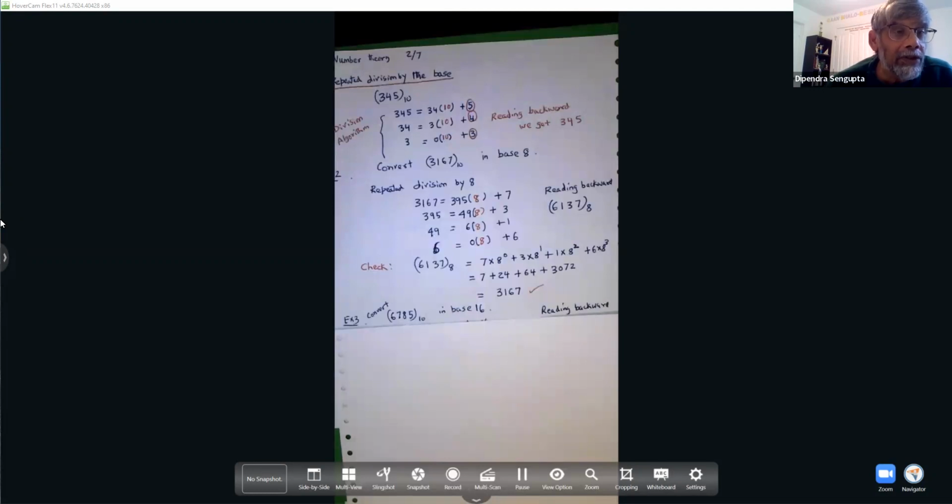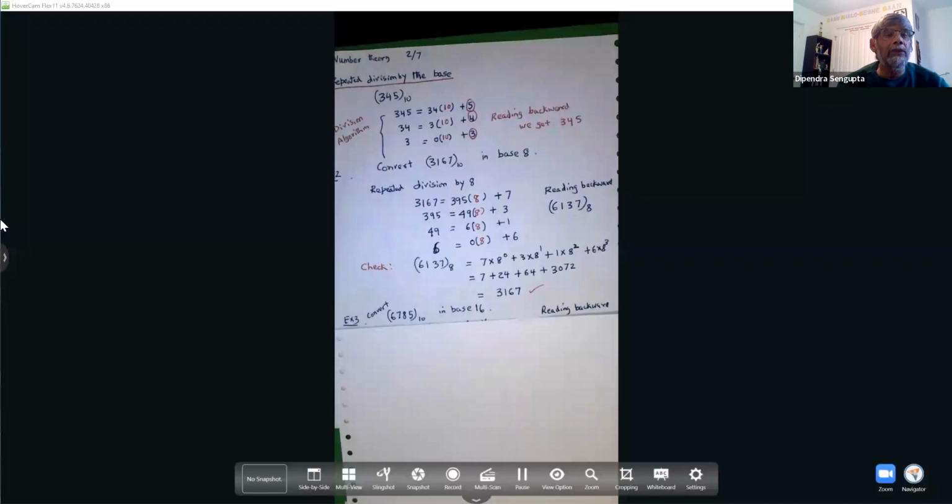So the digits will be 0 through 15. But the problem is when you write 11, 12, you can get confused. Is it 11, which is two digits 1, 1, or one digit 11, right?